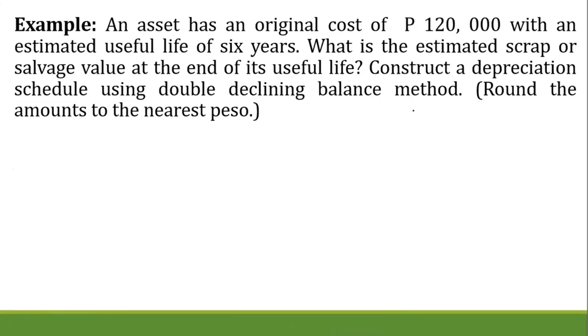What is the estimated scrap or salvage value at the end of its useful life? After that, construct a depreciation schedule using the double declining balance method. And then, round the amounts to the nearest peso. Alright? So, how is that?